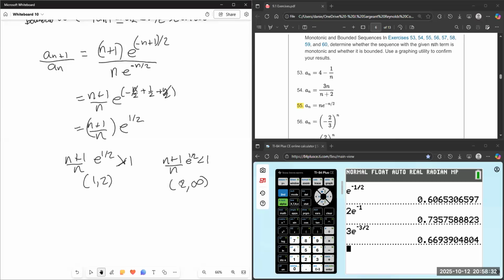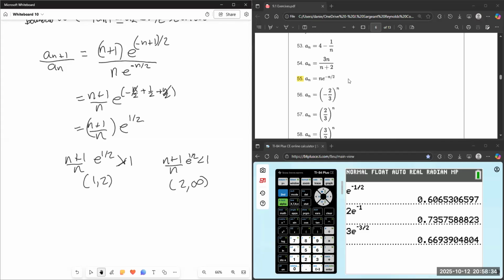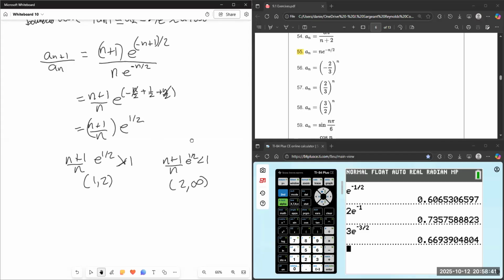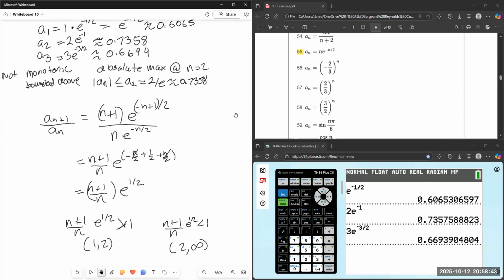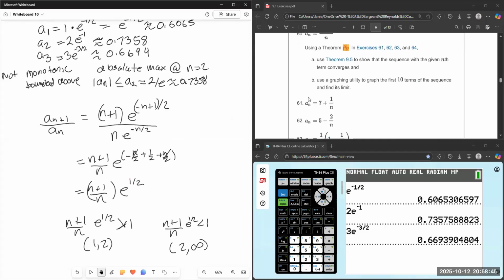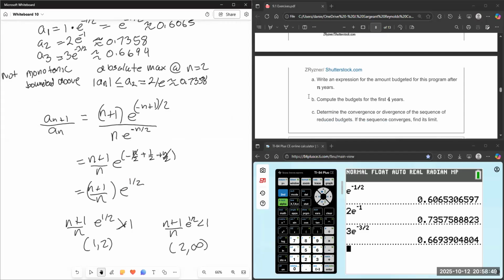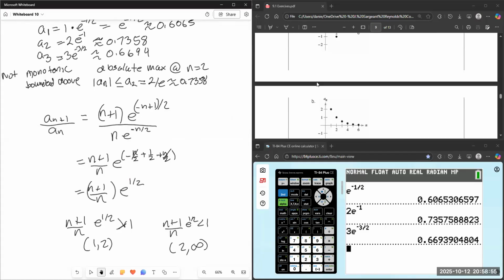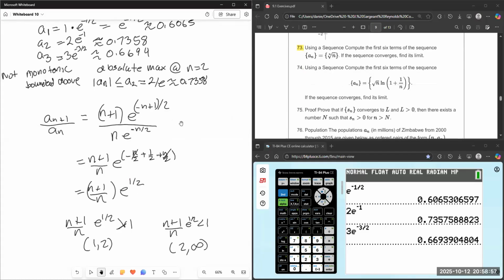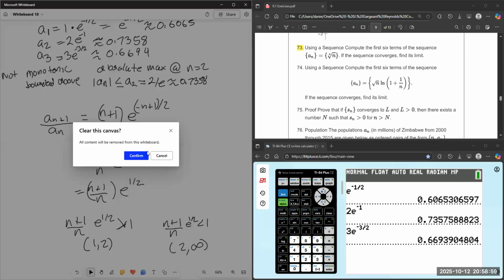We'll do some things with some direct comparisons later that will usually be a little better than this, but I just wanted to show you that some teachers don't like you taking derivatives. I think derivatives are awesome. I think that's why we focused on derivatives so much before this, and that we should take the path of least resistance. If that's a direct comparison, we should do that. If that is a derivative, we should do that.